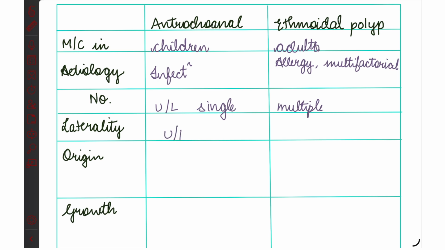Laterality, this is unilateral and this is bilateral. Origin, we have seen in the diagram that antrochoanal polyps arise from the maxillary antrum. So these arise from the maxillary sinus near the ostium.